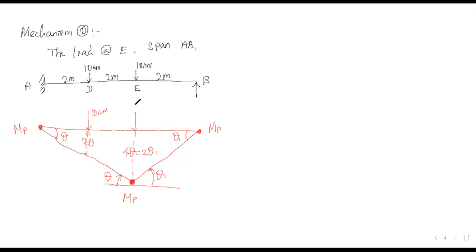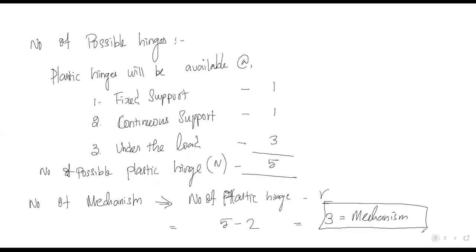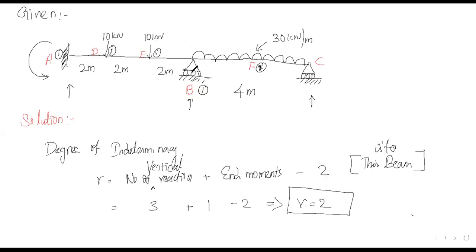Here under the load, the deflection is 4 theta. So this is related to mechanism 2, for the span AB. Next, another mechanism, that is, three mechanisms are available. Another mechanism with respect to the span B to C. That I am going to draw now.